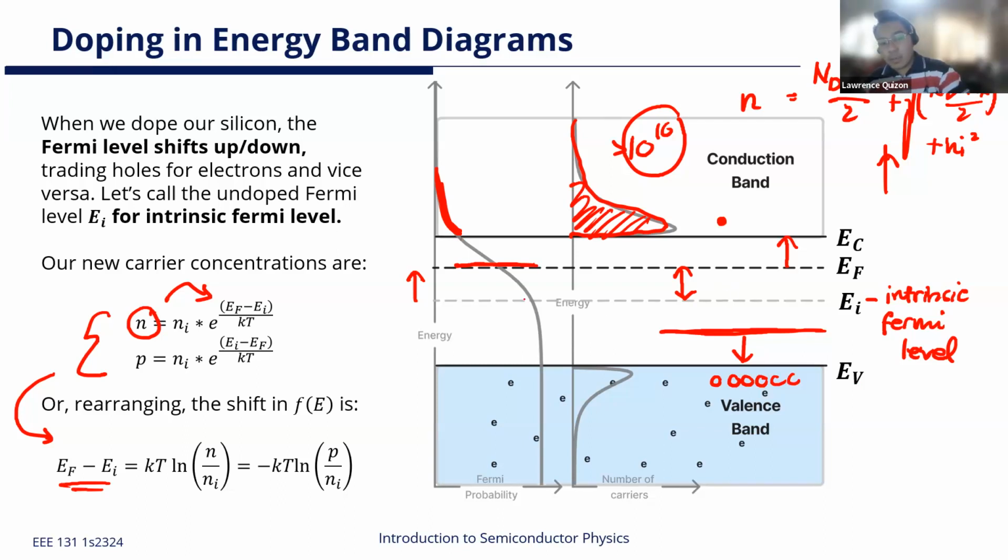Because if you shift the probability down here, then the probability of an electron occupying our states in the conduction band decreases relatively. So it's like the carriers want to be close to the Fermi energy level, which is how we interpret the Fermi level.